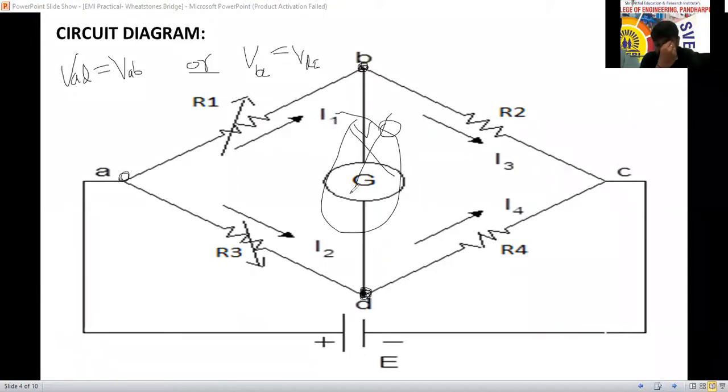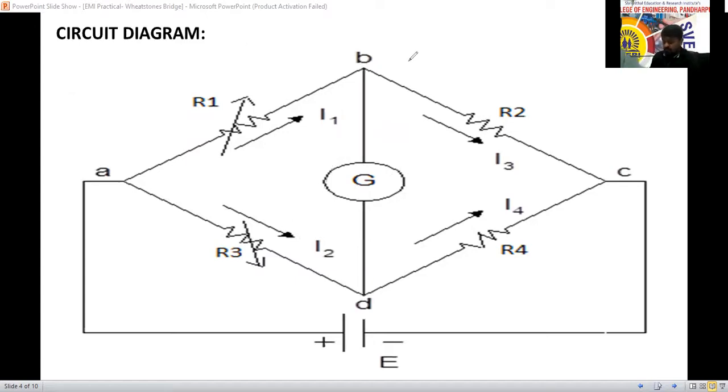Understood? Do you understand what we mean by balanced condition? Yes, sir. Okay.